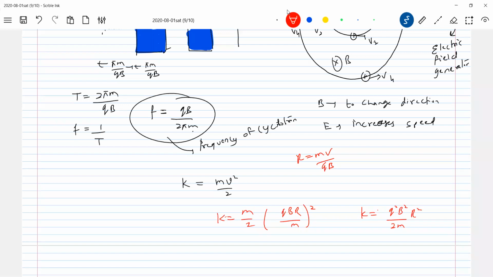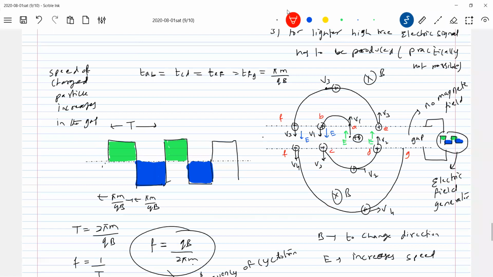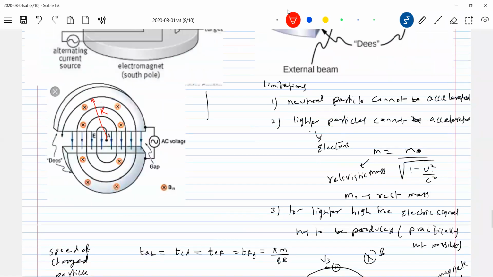Greater the radius of the Ds, the more the kinetic energy. So in a cyclotron with more radius, the charged particle will circle more there and acquire more speed. I'm just indicating in the diagram, this R and this kinetic energy are related according to this equation.